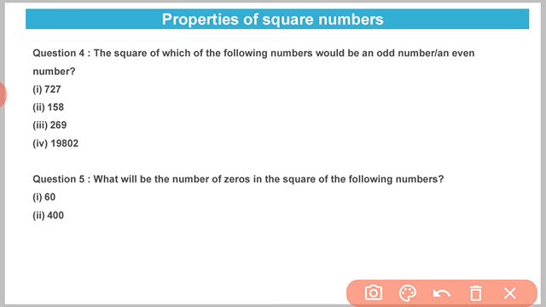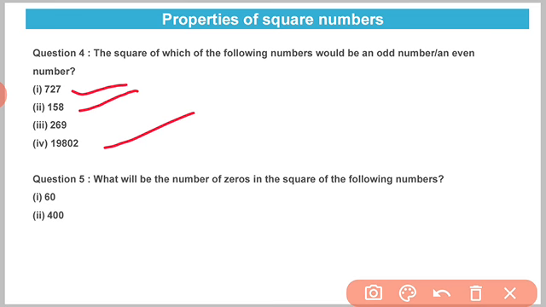So 727 is an odd number, so it will have an odd square number. 158 is an even number, the square of 158 will be an even number. 269 is an odd number, so square of 269 will be an odd number. Similarly, the square of this number will be an even number.